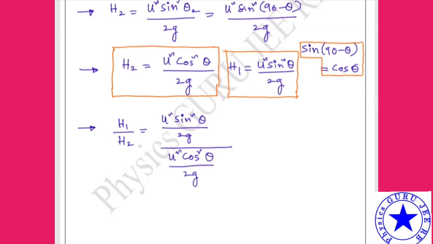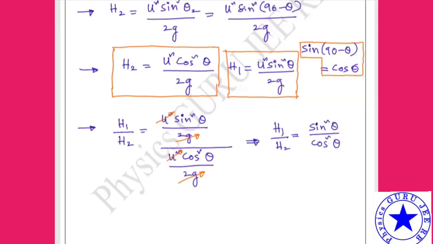Now we can see 2g and 2g will get cancelled, u square will get cancelled. So h1 by h2 equals sine square theta divided by cos square theta.